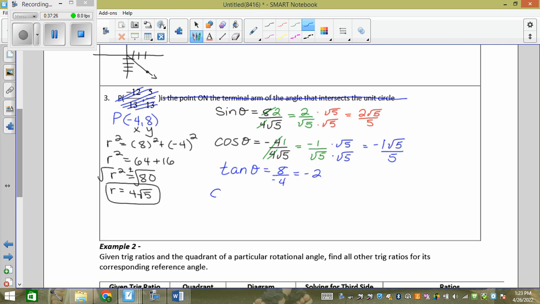And then cosecant, instead of y over r, it's r over y. So it's 4 root 5 over 8. Take 4 out of each, so I get root 5 over 2. Secant is r over x. So 4 root 5 over negative 4, which is just negative root 5.